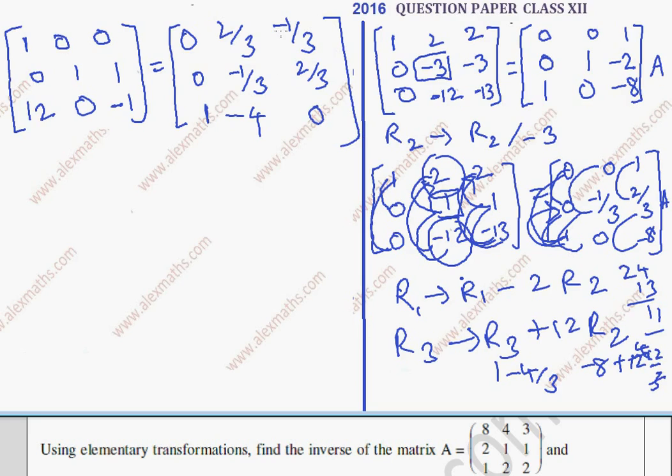Then after that we have to make this as 1. Okay. So for that I have to divide, and even this is 0. Okay. For that I have to divide entire R3 as R3 by minus 1.